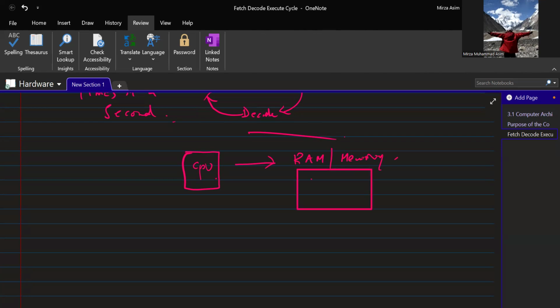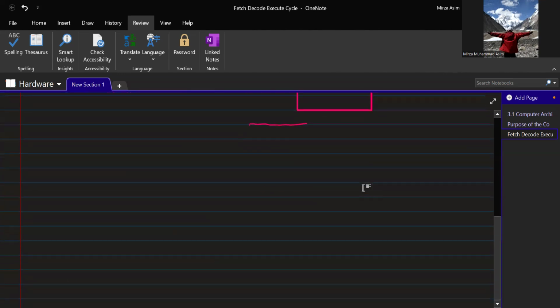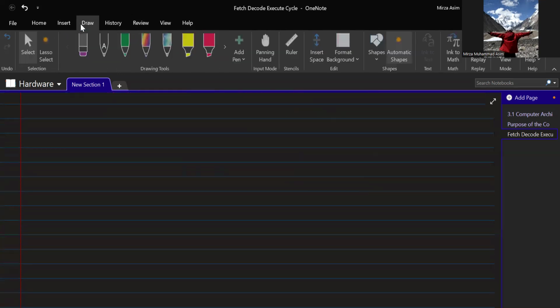So the CPU directly accesses the data from the main memory, right? It has direct access. So that's why your computer works very fast, but it's not faster than the registers, that are the internal part of the CPU. Clear? So let's start the main topic, which is the fetch, decode, execute cycle.